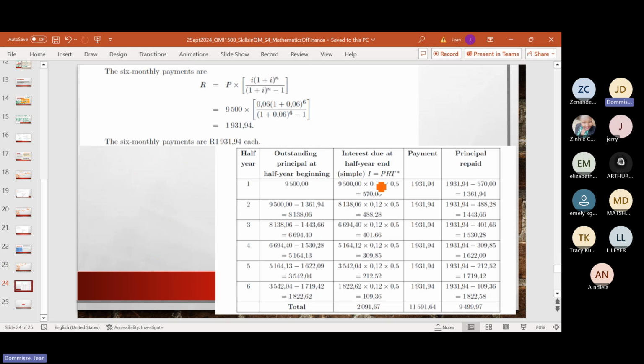If you work that out according to a formula, we would have gotten 1931.94. Let me show again, because that's exactly the same as all the previous formulas that we use.